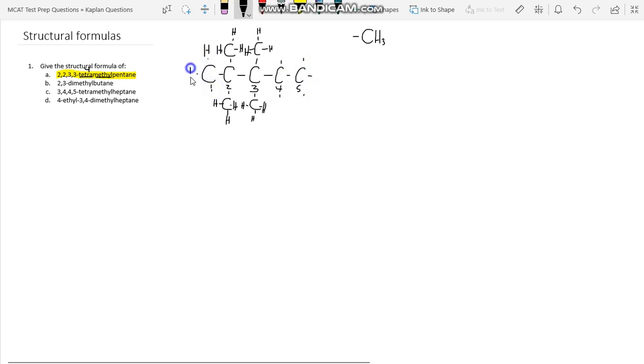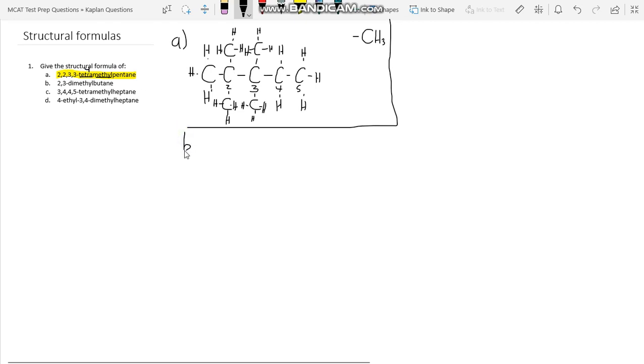So H. So just filling in hydrogens on carbons 1, 4, and 5. And that's it for this alkane. That's how you draw the one for A. We have pentane, our backbone, and 4 methyl groups connected to it on the second and the third carbon.